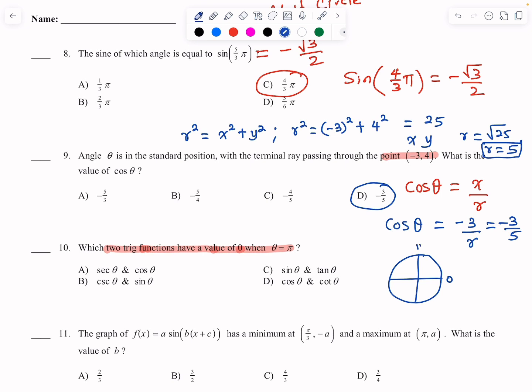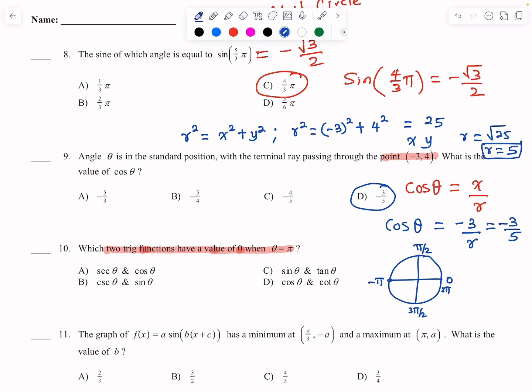So this right here is 0. This is pi over 2. This is pi. This is 3 pi over 2. And then we go back to 2 pi, right? So in this case, this point right here is going to be negative 1 comma 0, right?